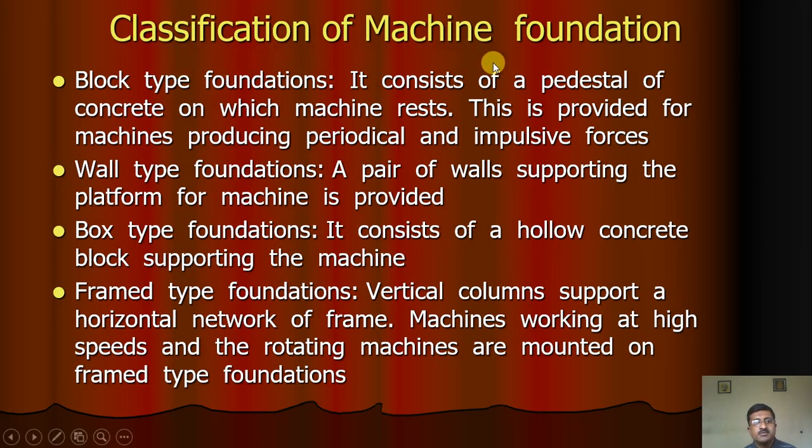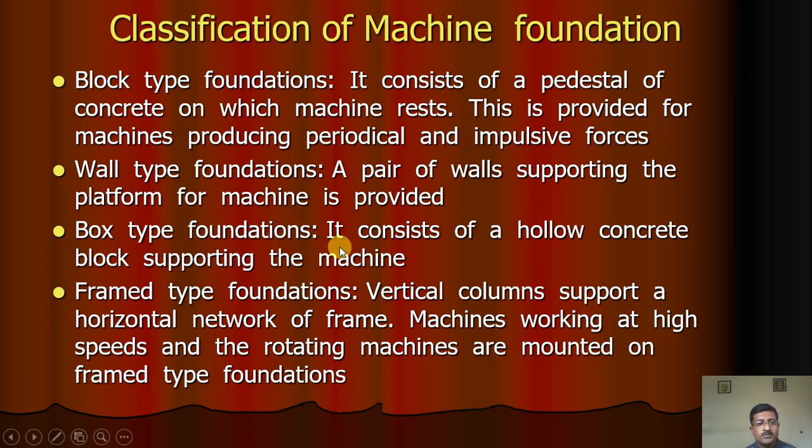Classification of the machine foundation: there are four types. Block type of foundation consists of a concrete pedestal on which the machine rests. This is provided for machines producing periodic and impulsive forces. Wall type of foundation: a pair of walls supporting a platform for the machine is provided.